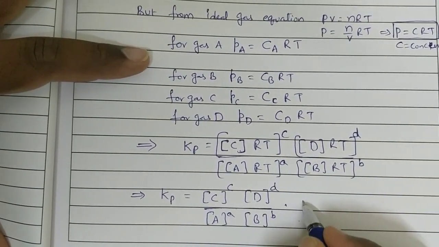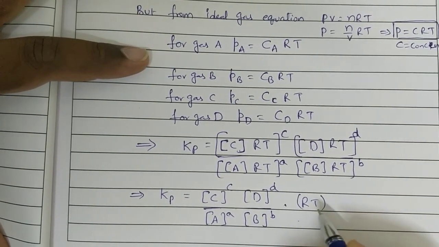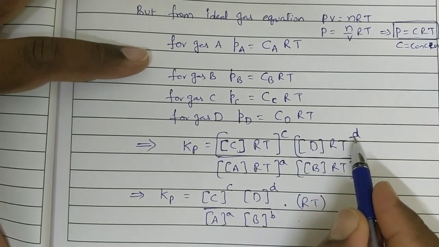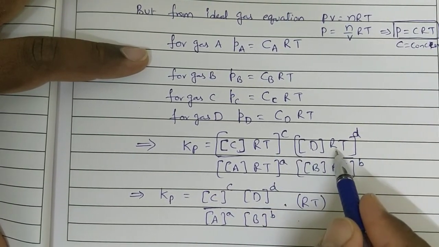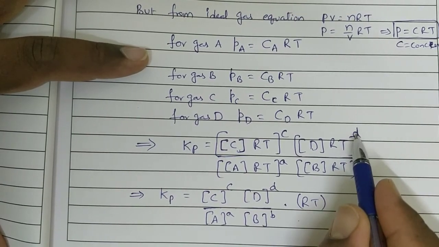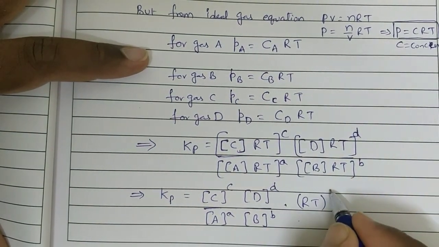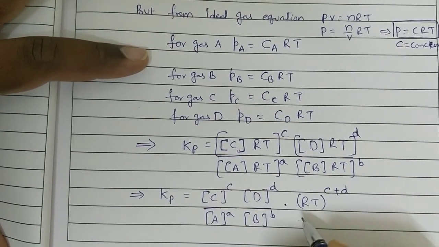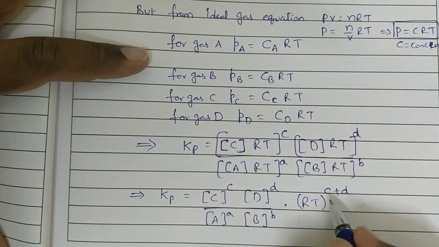RT power c and d are there. A power m into A power n will be equal to A power m plus n, so RT power c plus d.